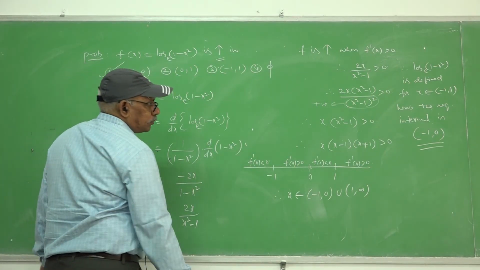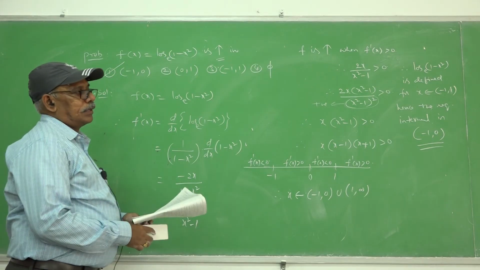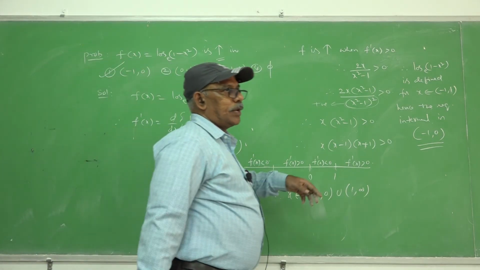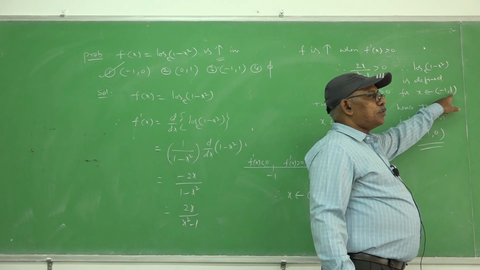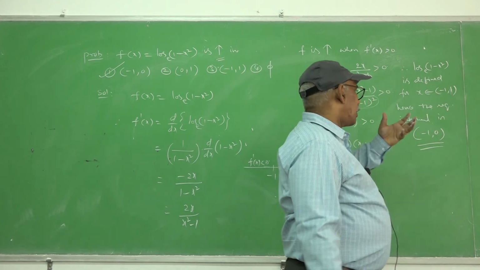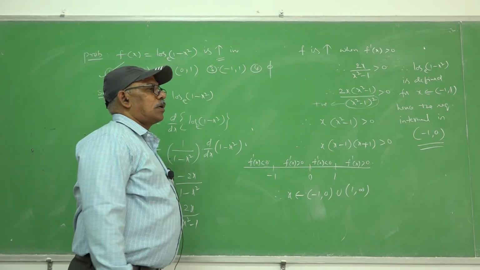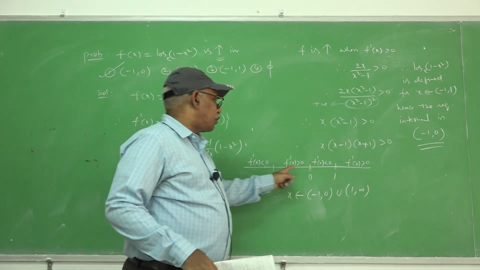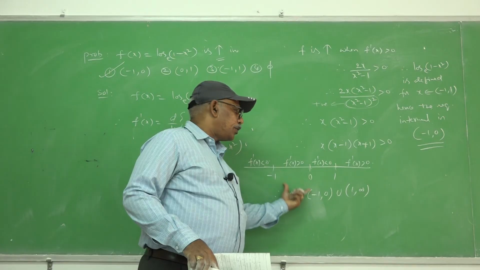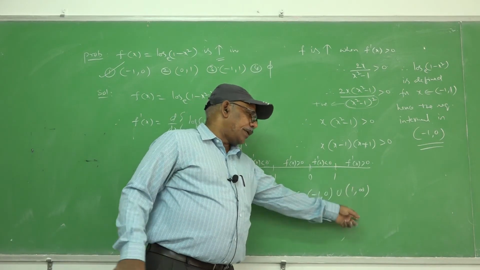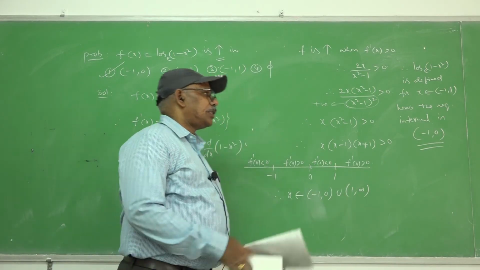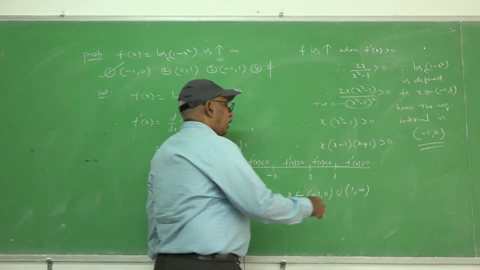f x equal to log of 1 minus x square is defined. The domain of the function is minus 1 to 1 itself. So the argument should be confined to that interval. Since the argument is confined to only minus 1 to 1, I am taking this value only. I am leaving this part.